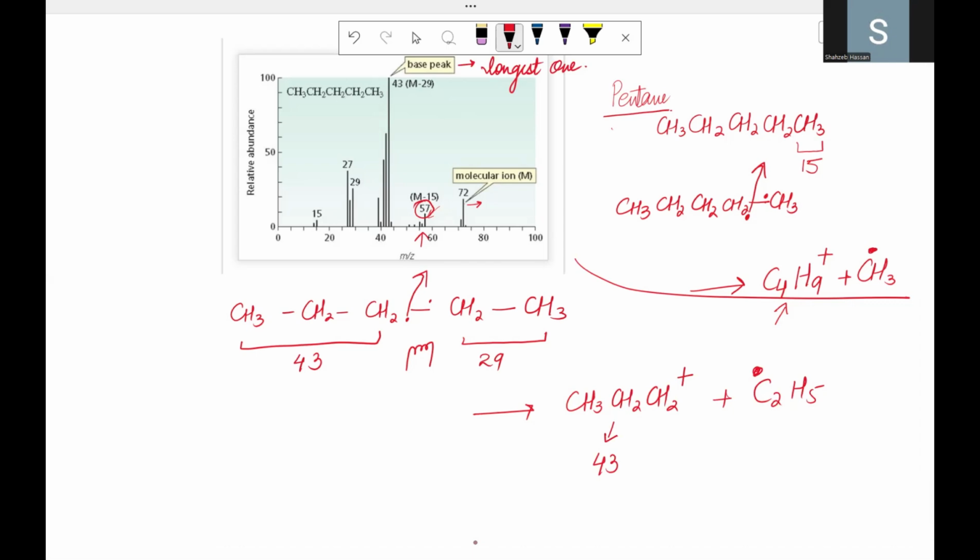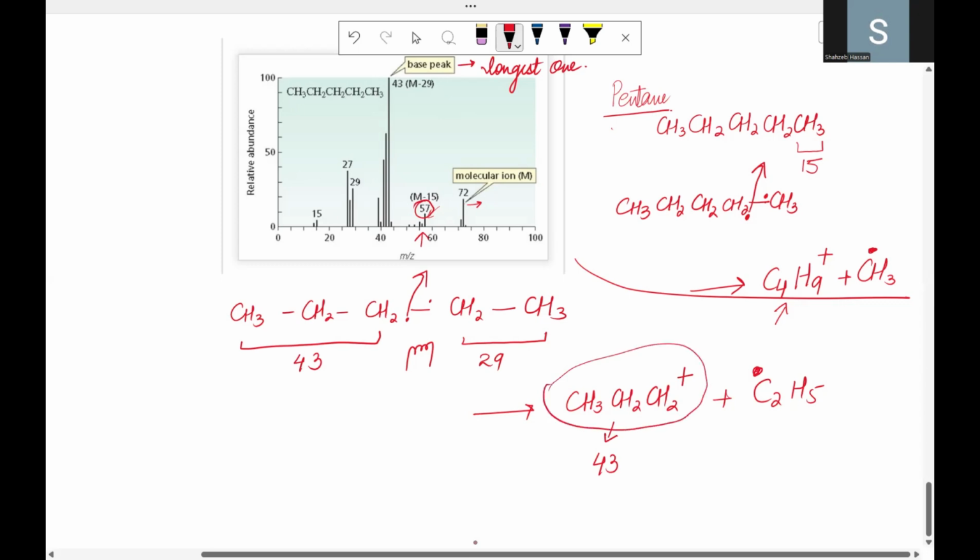Because its abundance is the maximum among all of them. So this ion is the one that has been formed in the greater quantity. We are getting this ion in maximum quantity. I hope this point is clear.